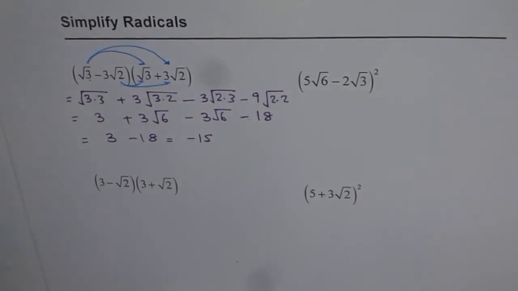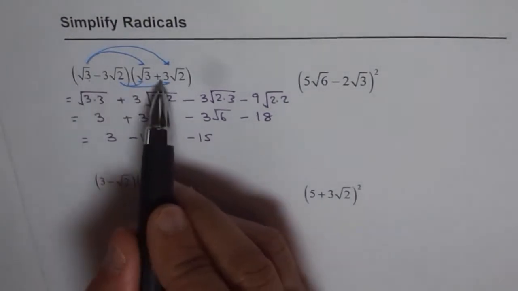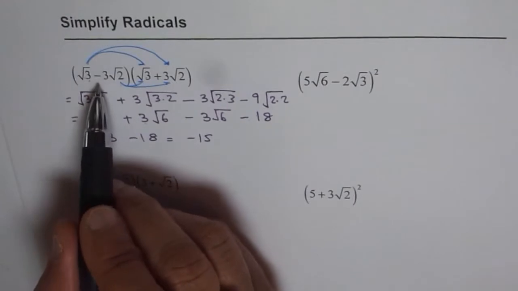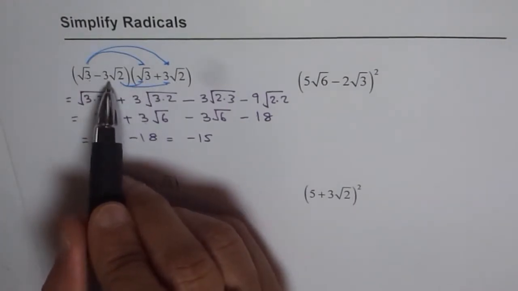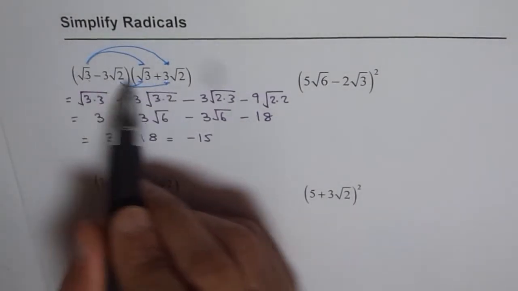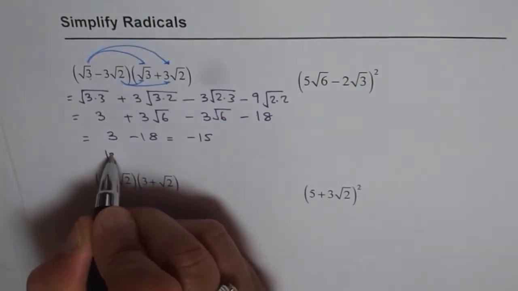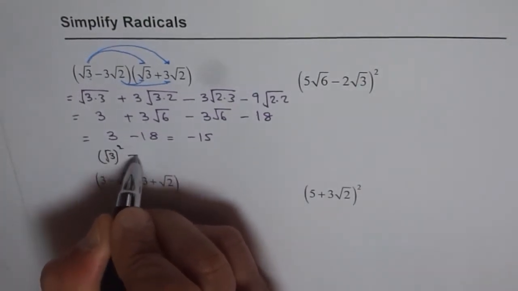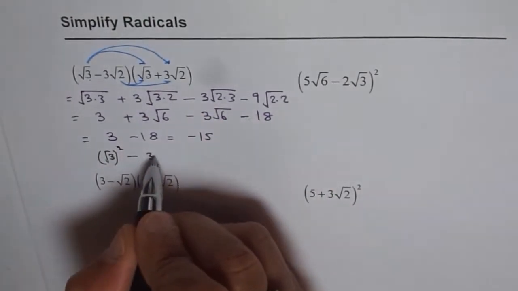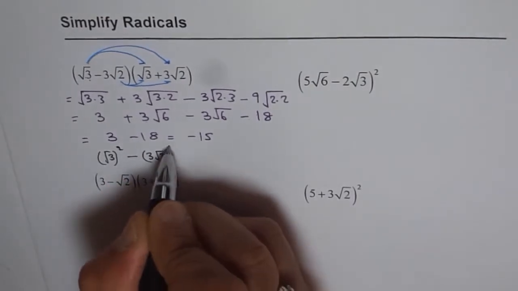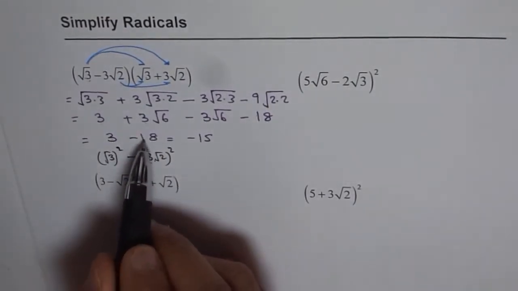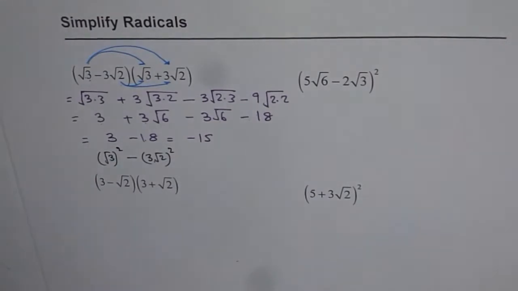You could have done it straight by using the difference of squares. This is a difference times a sum, and you get a difference of squares. That is, you get square root 3 squared minus 3 square root 2 squared, which is 3 minus 18 and gives you the same answer, minus 15.